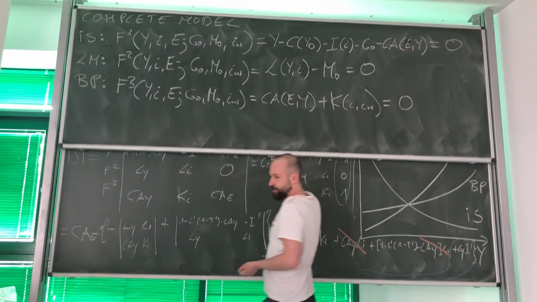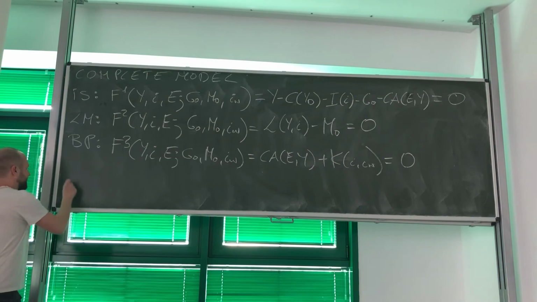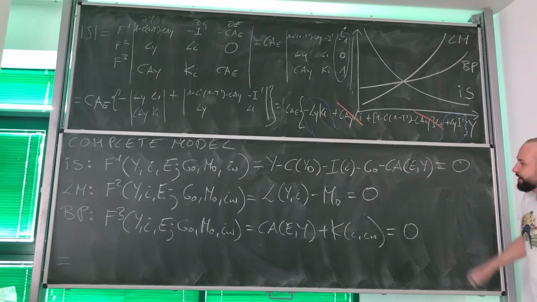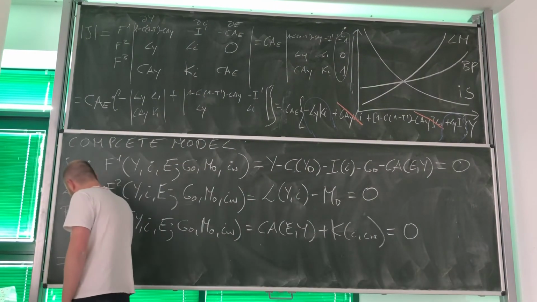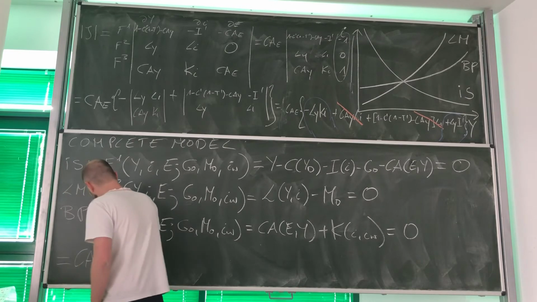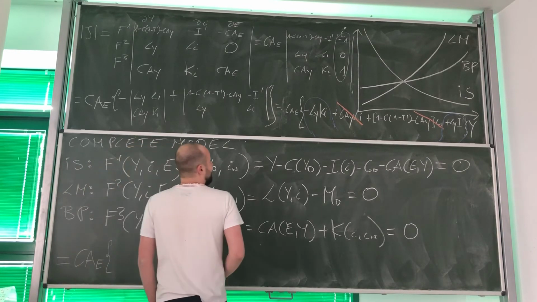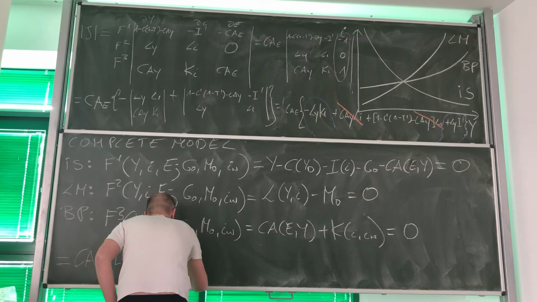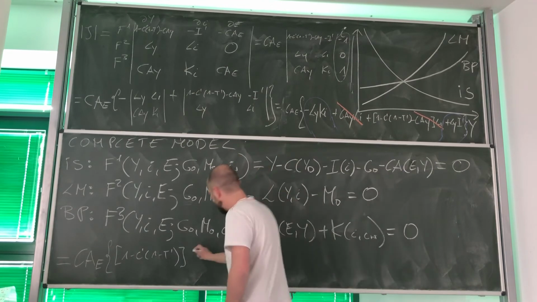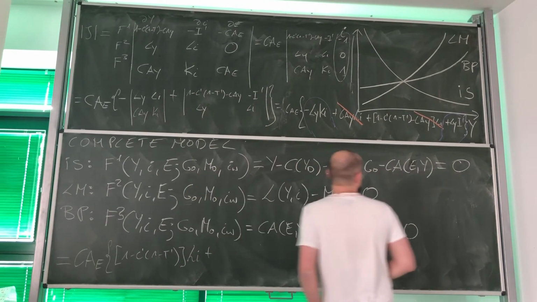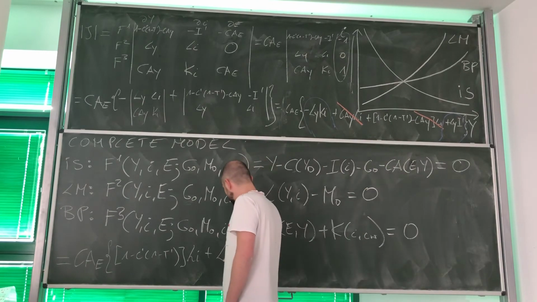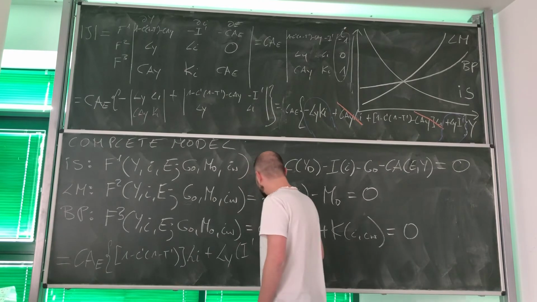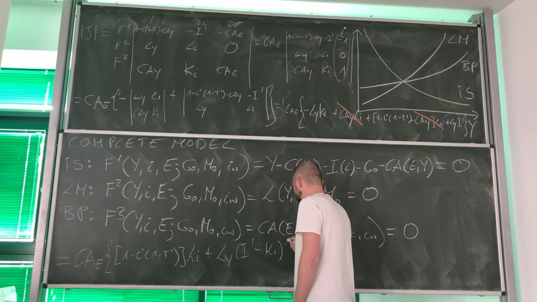Okay, let me just finish this over here. And based on what we calculated, we get CA_E times 1 minus C prime (1 minus T prime) times L_I plus L_Y times I prime minus K_I.